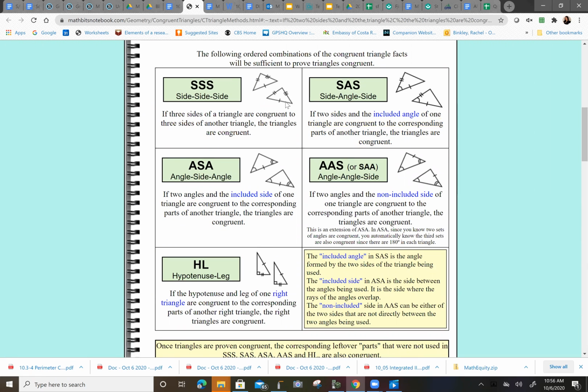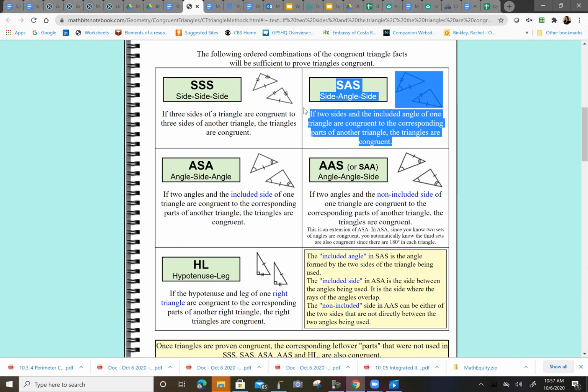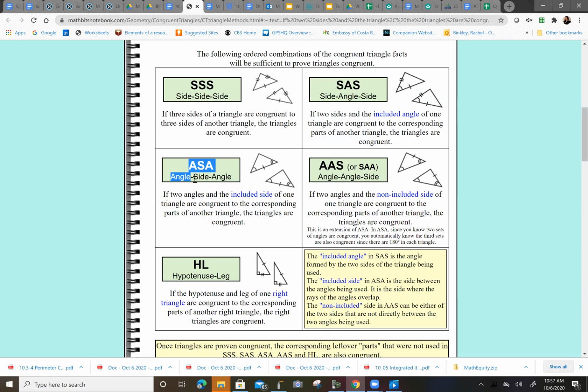If 3 sides of a triangle are congruent to 3 sides of another triangle, the triangles are congruent. Side angle side: if 2 sides and the included angle of one triangle are congruent to the corresponding parts of another triangle, the triangles are congruent. Remember, order matters here. The angle has to be in between the 2 sides. Angle side angle, the side has to be in between the 2 angles.